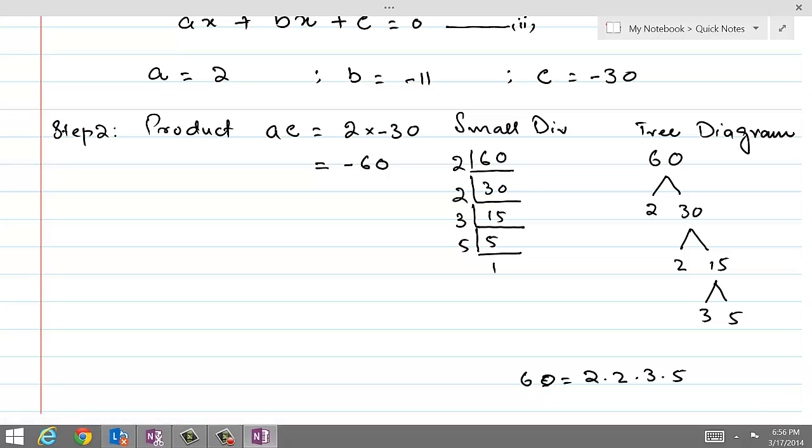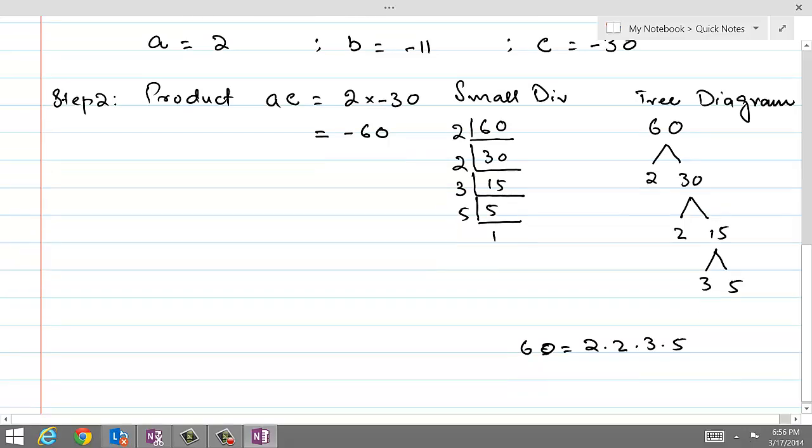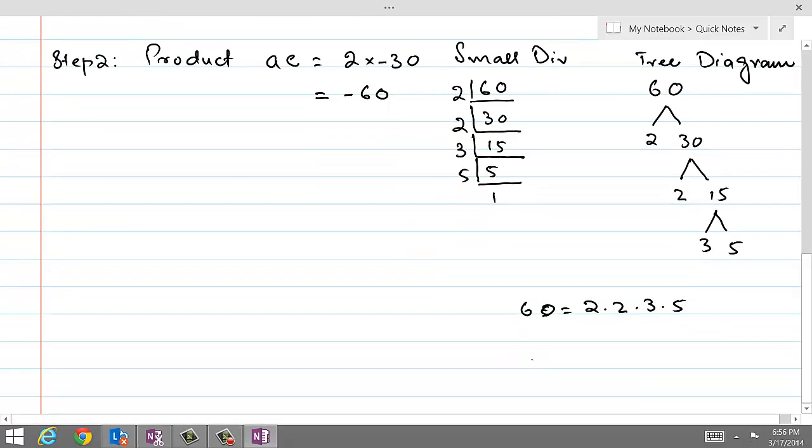So now we will be only interested in finding those factors of 60 whose difference is equal to the value of b without algebraic sign, meaning 11. Well, 60 has a lot of factors, but the two factors we are particularly interested in are 60 equal to 4 times 15.